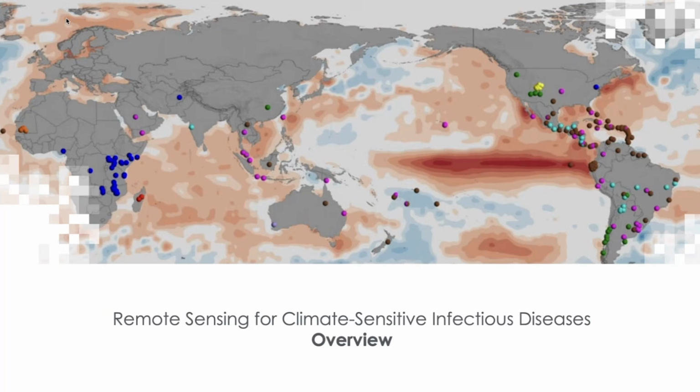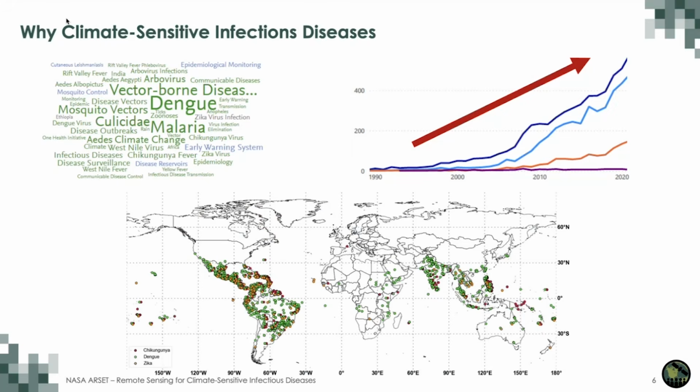Okay, as we continue with the training on remote sensing for climate-sensitive infectious diseases, I want to provide an overview of the topic area. So why climate-sensitive infectious diseases? As we have seen, climate-sensitive diseases have been increasing in spread and magnitude over the last 35 years.